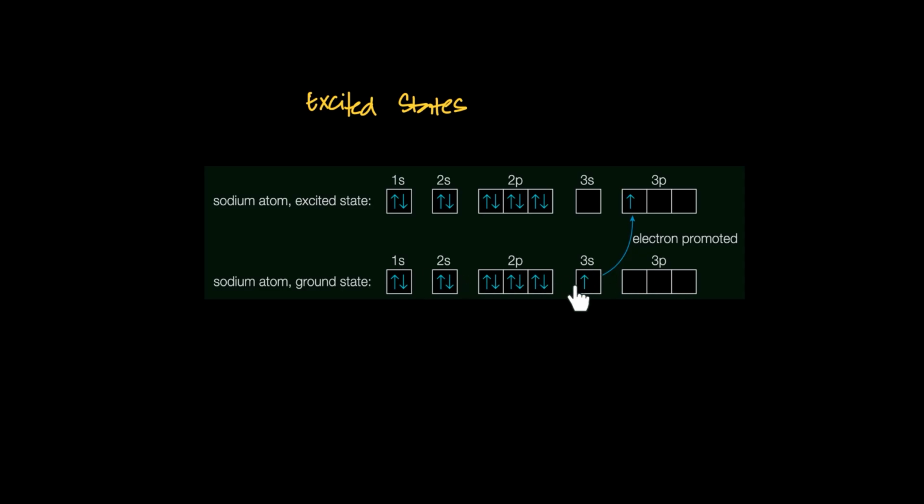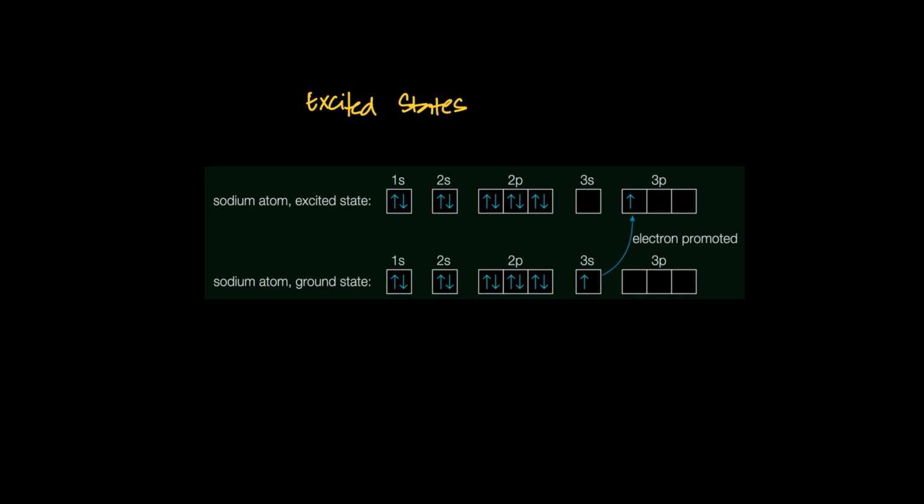So when an electron gets promoted from the 3s to the 3p here, as this example states, it's actually absorbing energy, and now it's in what we call an excited state. And this can happen with any element. So basically the electronic configurations that you've studied are the configurations for the ground state of atoms.